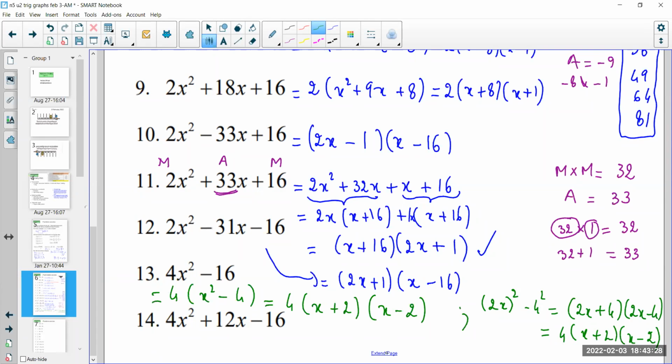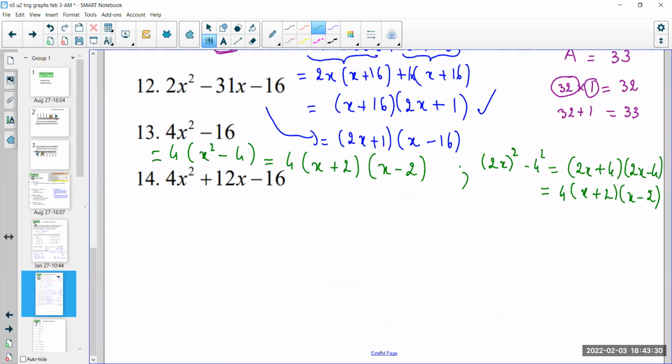Any questions? On the last one, actually the last one is probably easier than the ones before that, because what you could see from the last one, you can just rewrite that as 4 times x squared plus 3x minus 4.